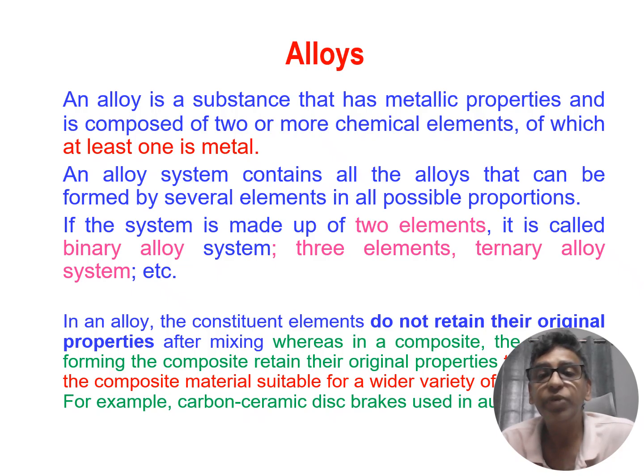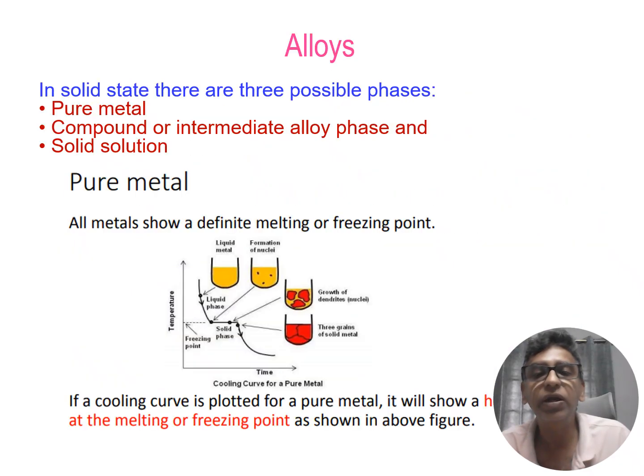If the system is made up of two elements, it is called a binary alloy system, three elements, a ternary alloy system, etc. In an alloy, the constituents do not retain their original properties after mixing, whereas in a composite, the constituents retain their original properties. That is the basic difference between alloys and composites.